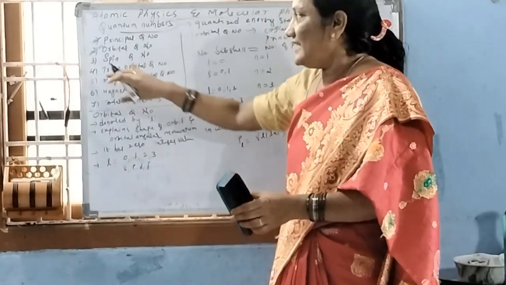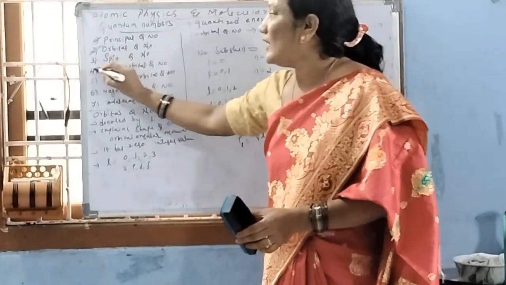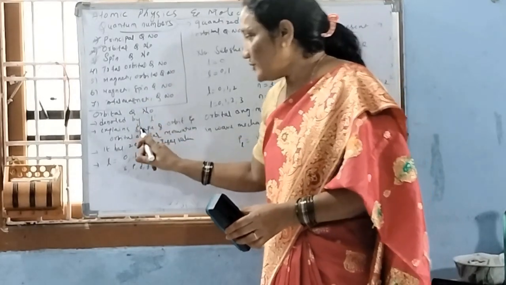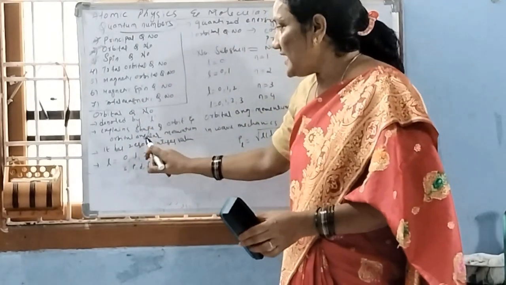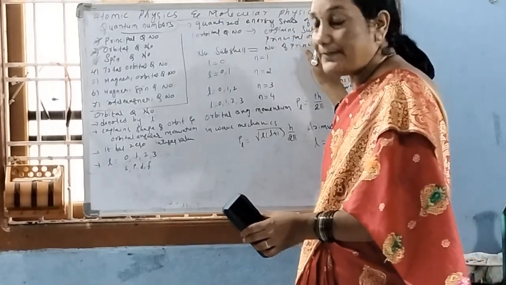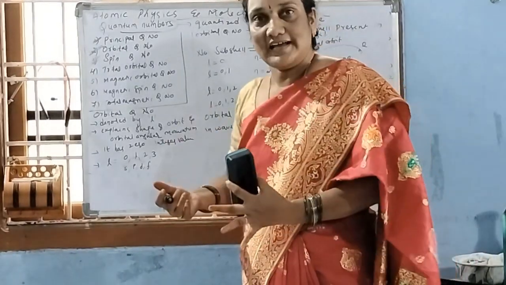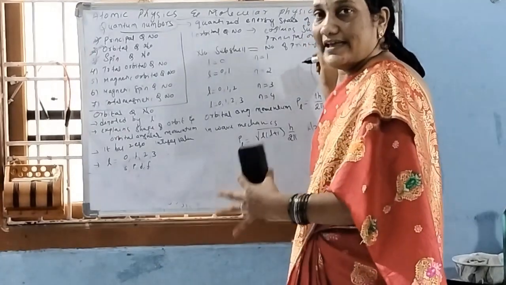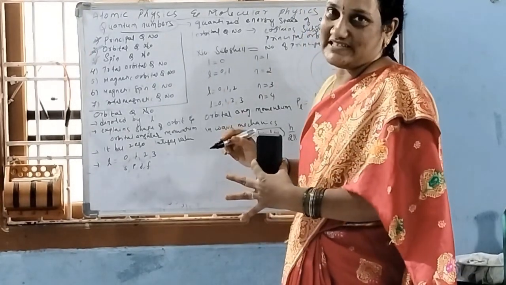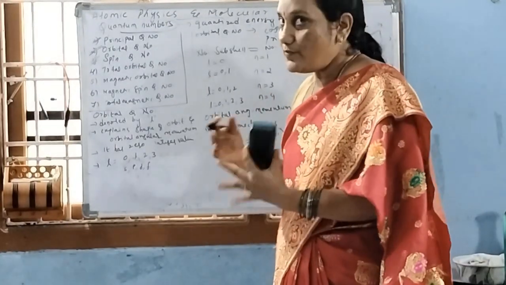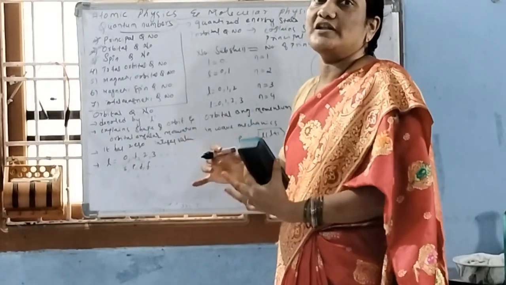Now next, let us go for the spin quantum number. Hope you understood. It explains the shape of the orbit, the orbital angular momentum, and the subshells present in the main orbit, and also governs the bond between the electron and nucleus. If L is less, the bonding will be more; if L is more, the bonding will be less.